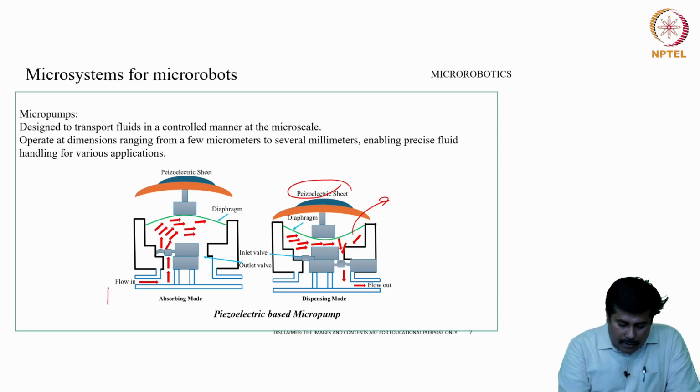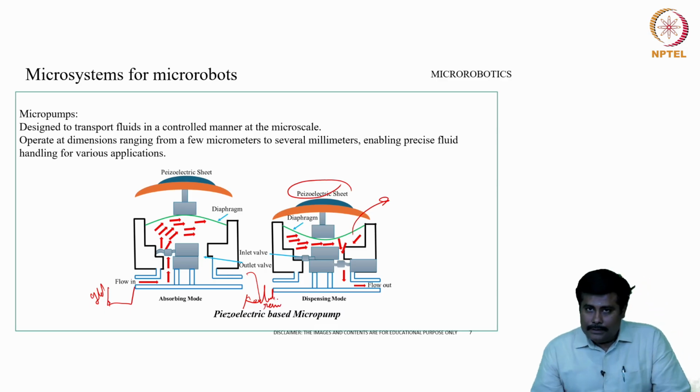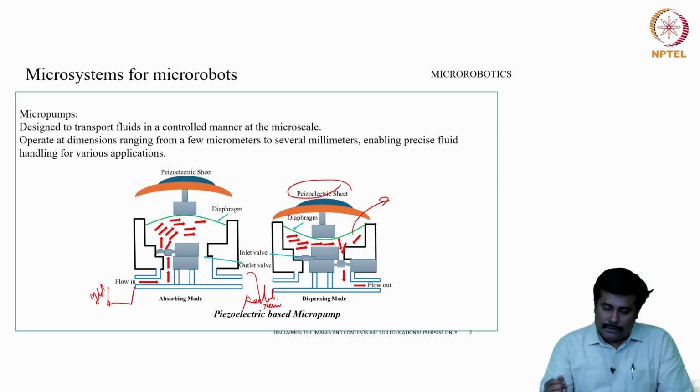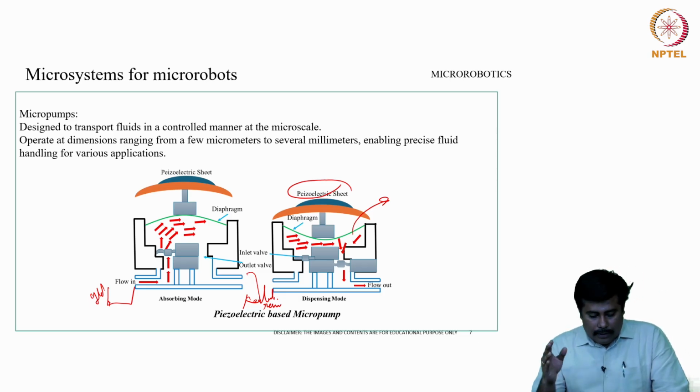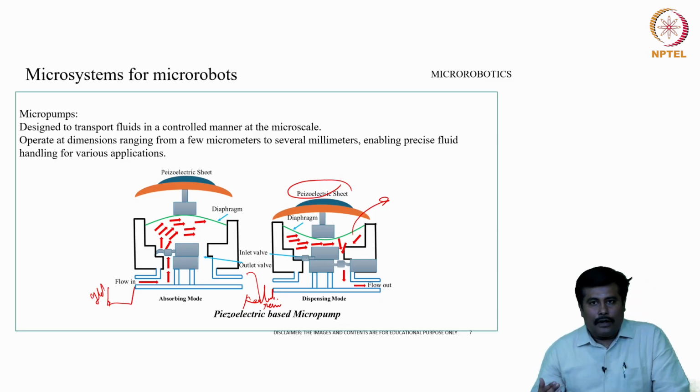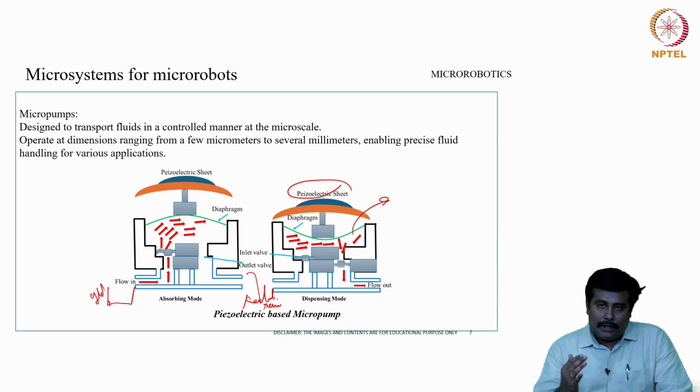Here we have the inlet reservoir in place, and here we have the outlet reservoir in place. The liquid from the inlet reservoir is pumped and made to pass through the valve. The suction happens through the diaphragm, and the actuation of the diaphragm is taken care of by the piezoelectric sheet.